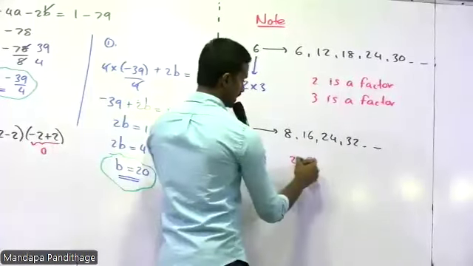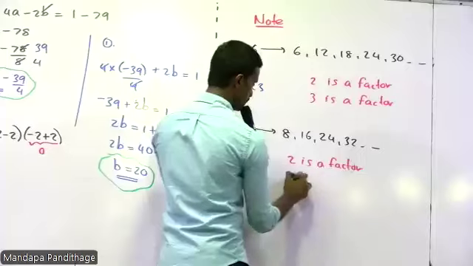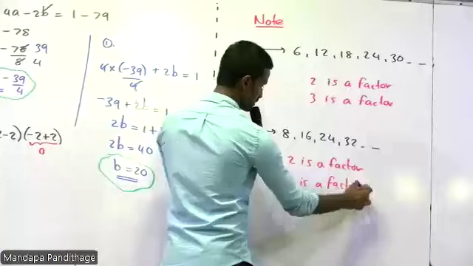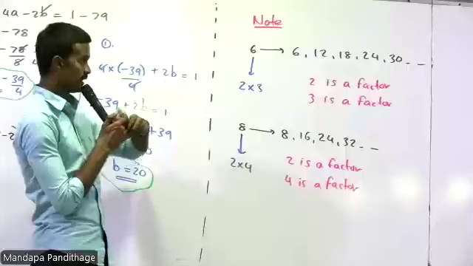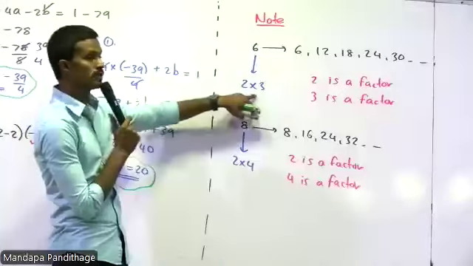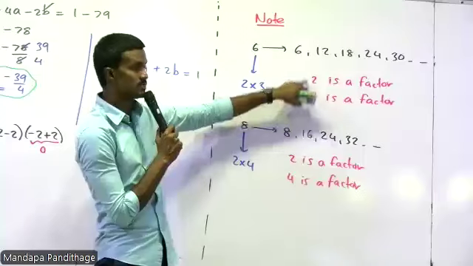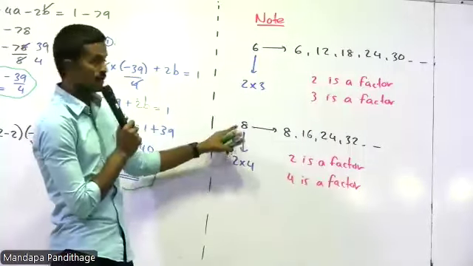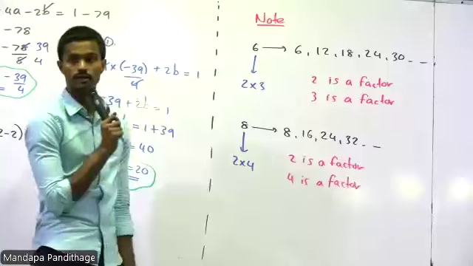So then you can see a connection here. If 6 is a factor of a number, 6 can be written as 2 into 3, which means 2 is also a factor of it, and 3 is also a factor of it. If 8 is a factor of a number, then 2 is also a factor, and 4 is also a factor.